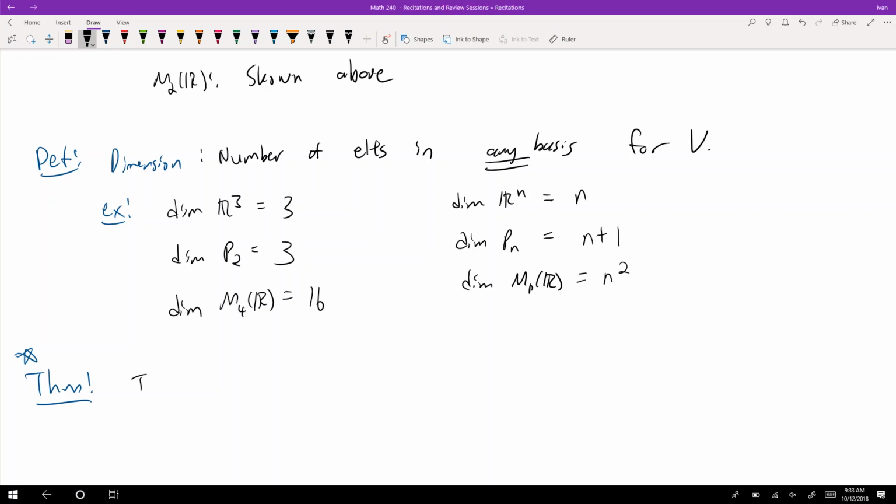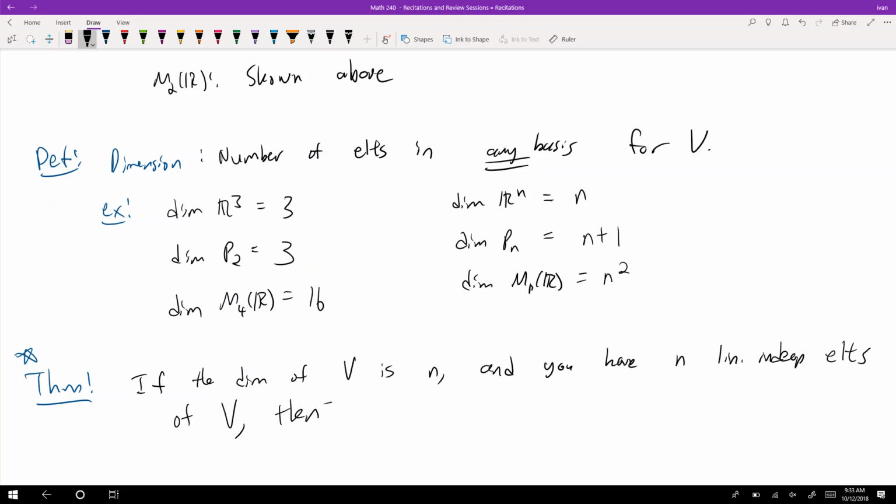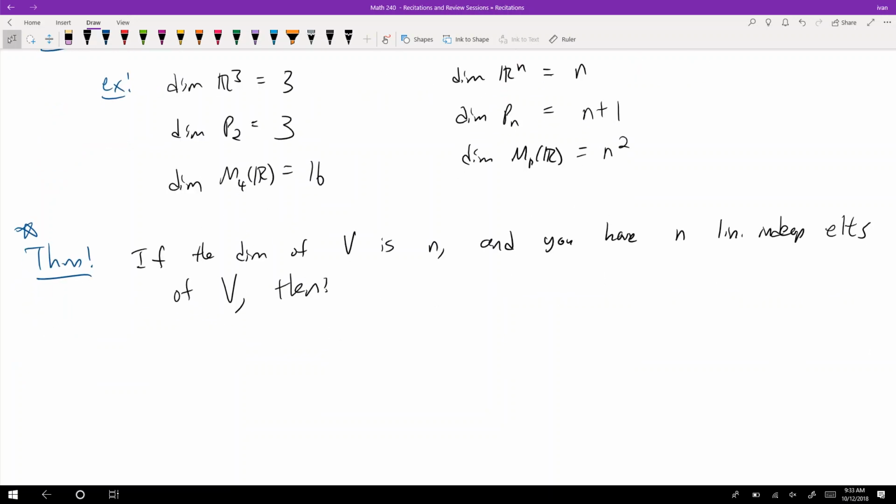Essentially what it says is, if the dimension of V is n, and you have n linearly independent elements of the vector space, then one, they automatically span, and 2, they form a basis. Okay, and the discussion we can have here is the following.